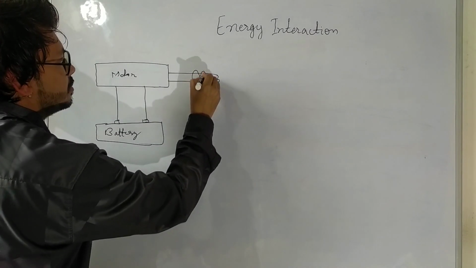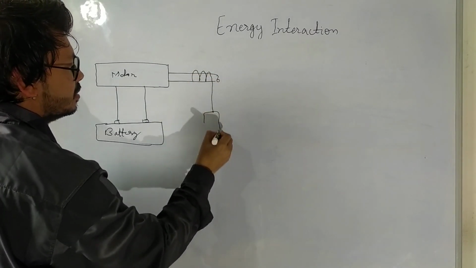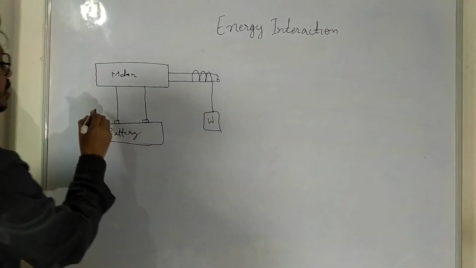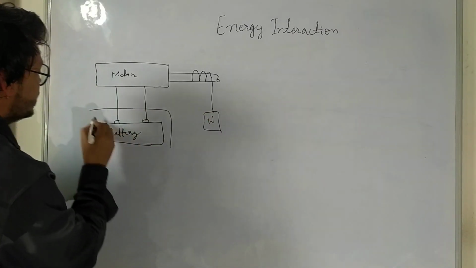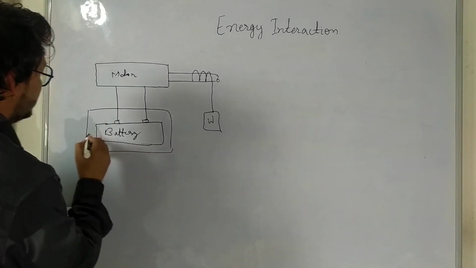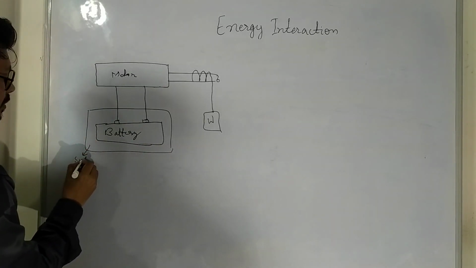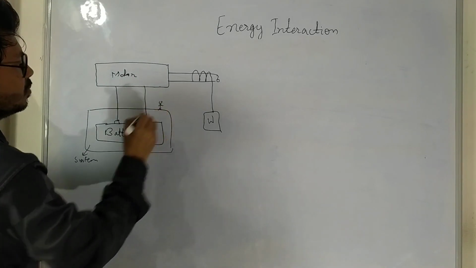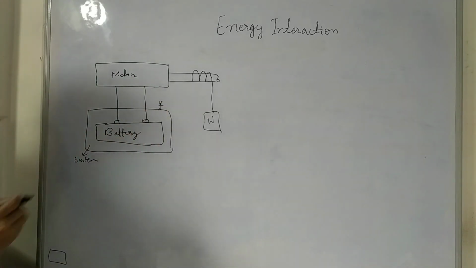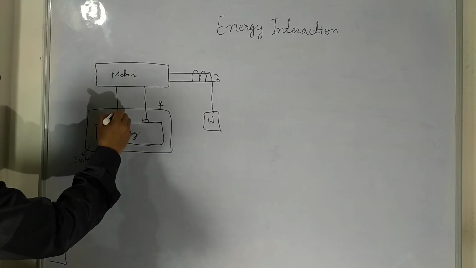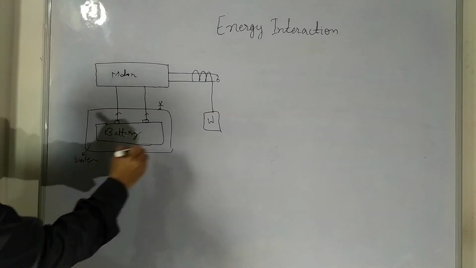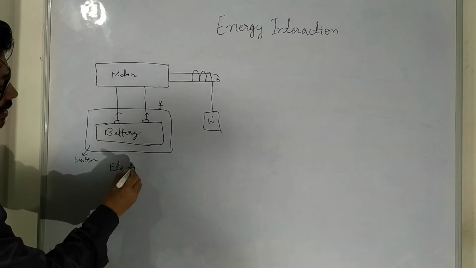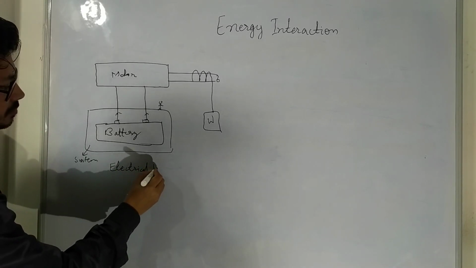Let us hang one weight to the shaft of this motor, and now consider this as our system. Now if we make somebody sit here, then what will he see? He will see that there is a transfer of electrical energy through the boundary of the system. So here electrical work is done.